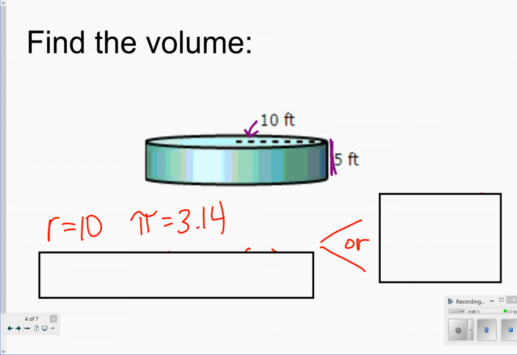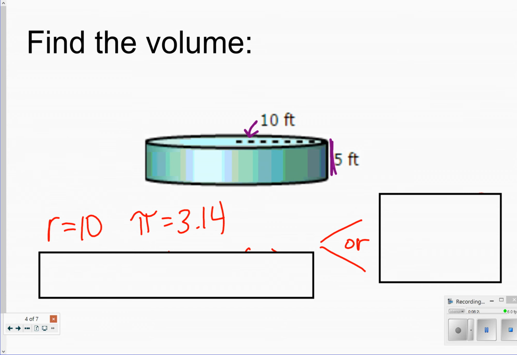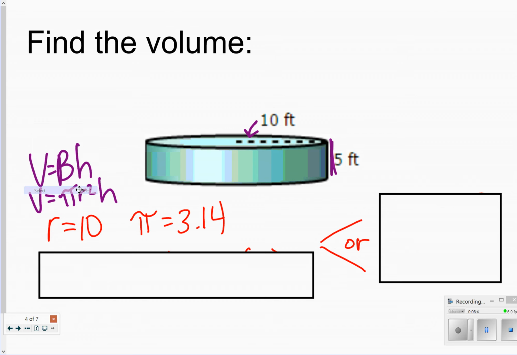So we're going to use the information, and remember that to find the volume, it's going to be volume equals base times height, or volume equals pi r squared times your height. So let's see what we went ahead and did here to solve it.